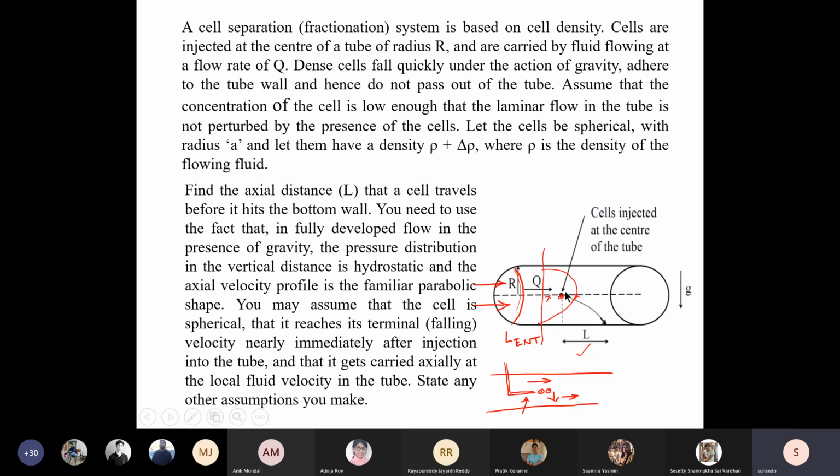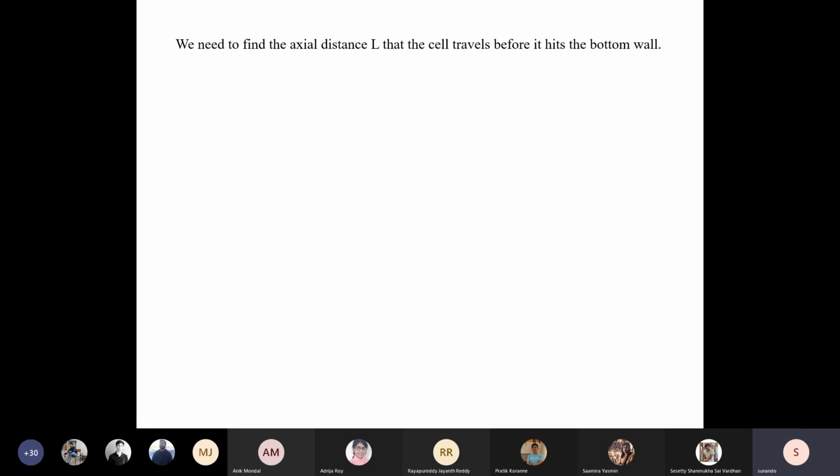What could be the forces which are acting on the cell that has started its journey towards the bottom of the tube? Anyone? Just identify one or two.